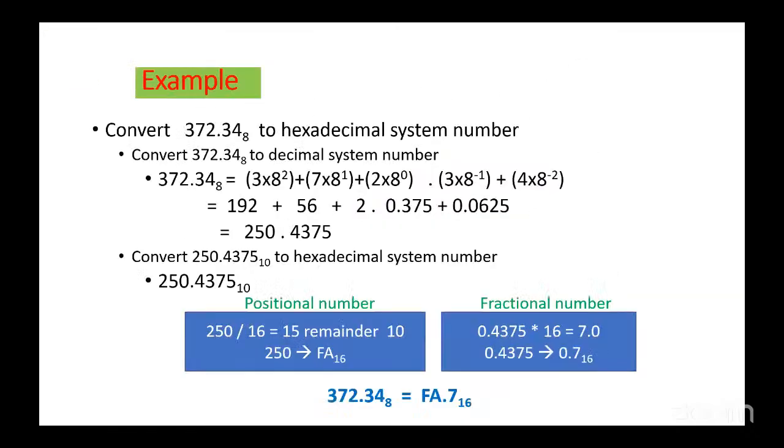So this is the method we have learned. Today's class is the conversion of number systems. For a decimal number, any direct number or a fractional number, how do you convert? What are the methods you have to follow?